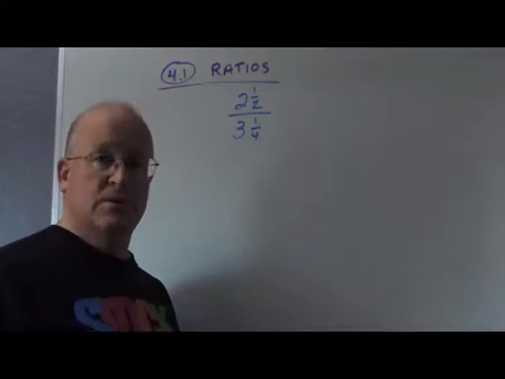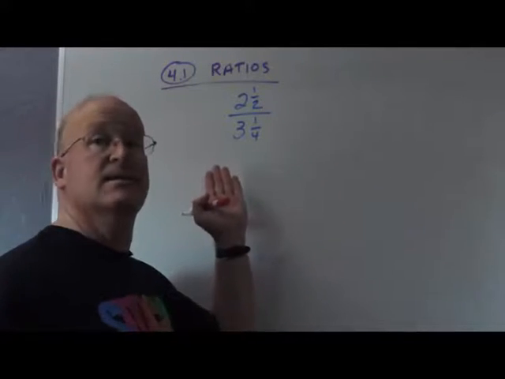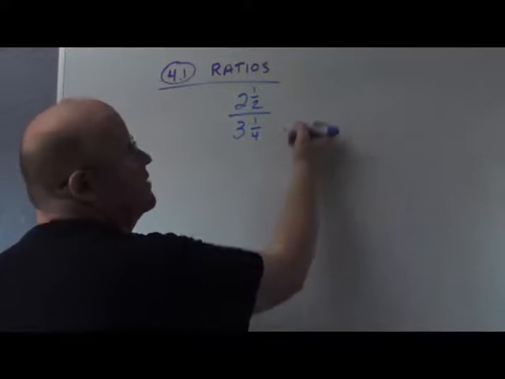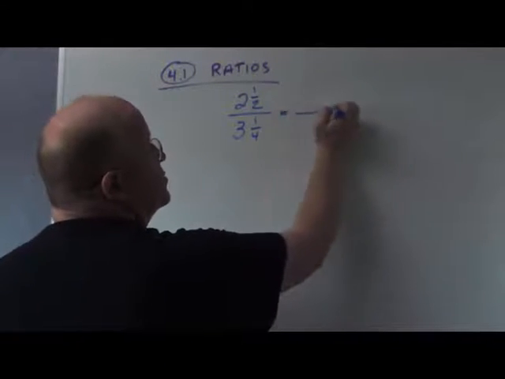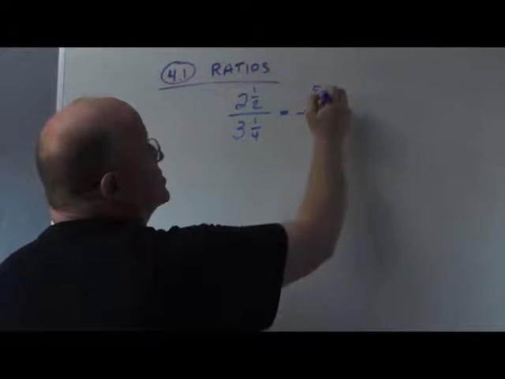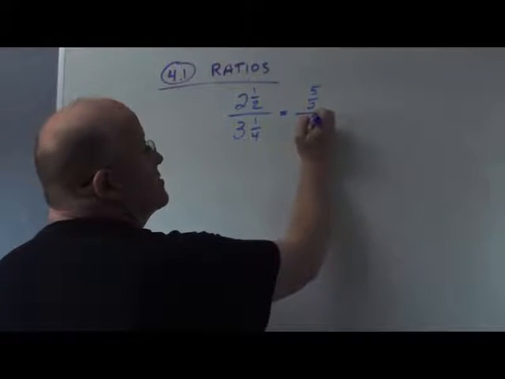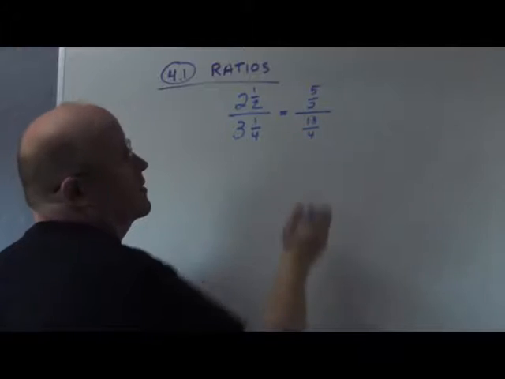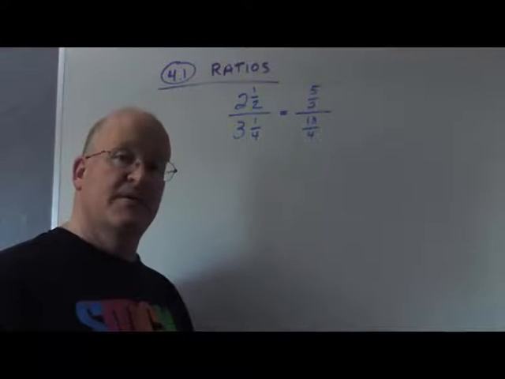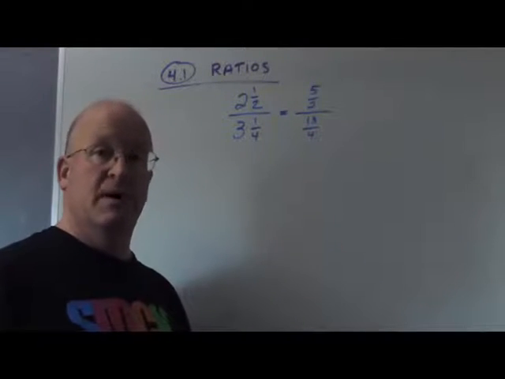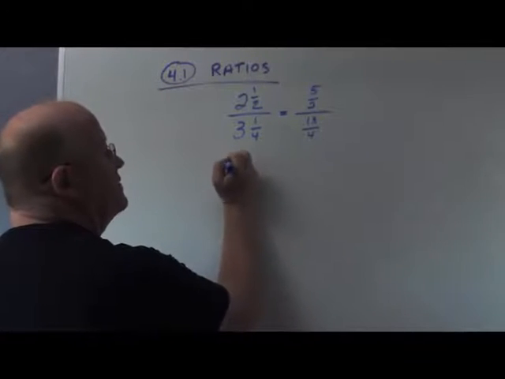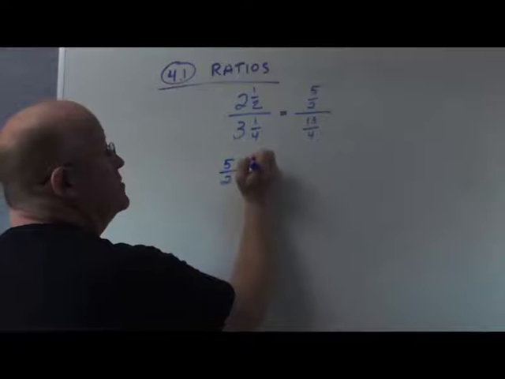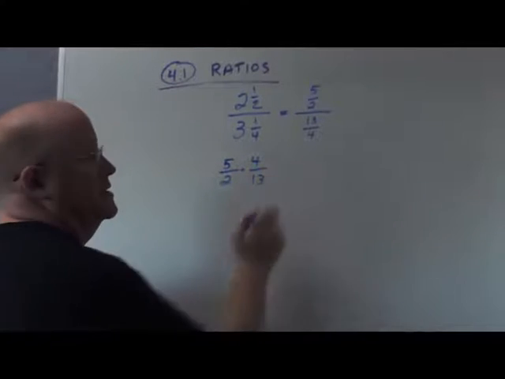Now let's reduce a ratio that contains mixed numbers. First off, we will need to convert each of these to improper fractions. The numerator becomes 5 over 2, and the denominator becomes 13 over 4. Well, anytime we divide fractions, we know to multiply by the reciprocal of what we're dividing by. So we will have 5/2 multiplied by 4/13.